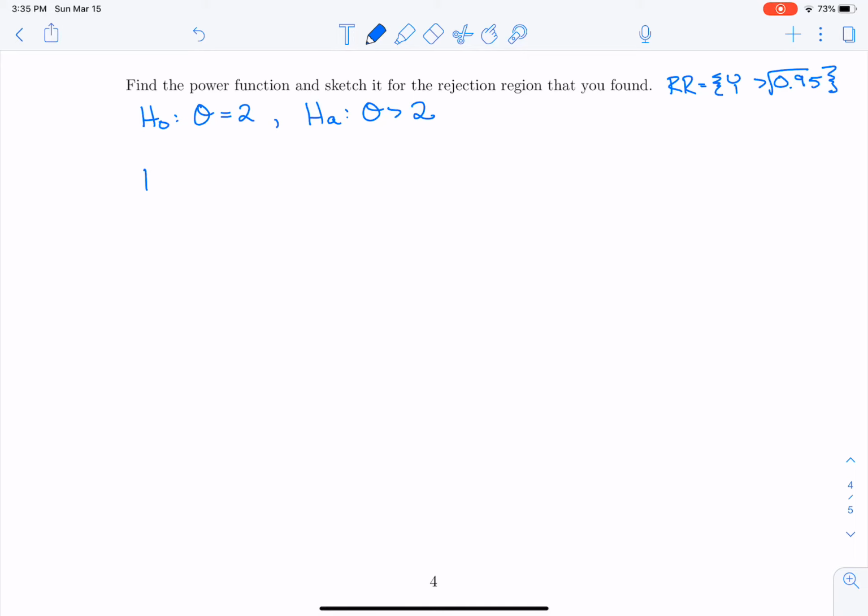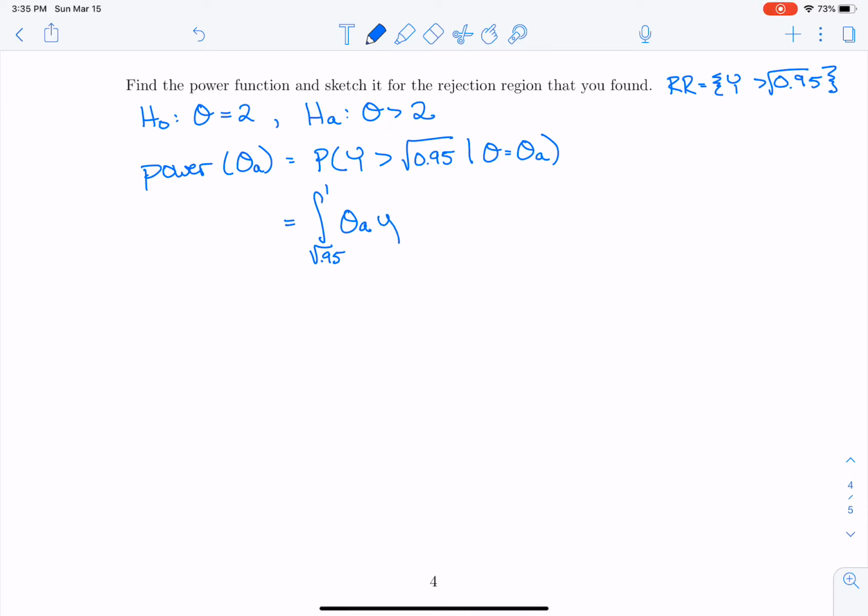In each of those cases, the power at theta sub a is the probability that y is greater than the square root of 0.95 given theta equals theta a. And just like the integral we had just done above, this will be the integral from the square root of 0.95 to 1 of theta a y to the theta a minus 1 dy.